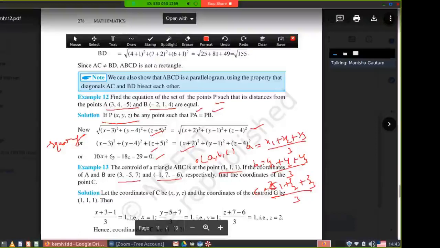It means x1, x2, y1, y2, z1, z2 are given to you. You have to calculate x3, y3, z3. Put the values in the given formula, and you will get the value of x3, y3 and z3, the third point's coordinates.